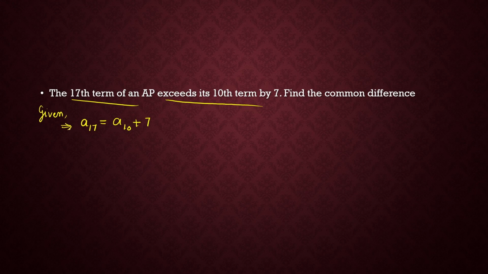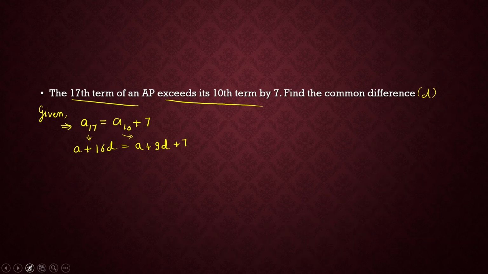So once you get this equation, you can easily solve. So what they've asked in the question, they've asked us to find the common difference D. Right. So now what is A17? Can I write it as A plus 16D? Yes. This can be written. You know how to write this. Now A10, I'll write it as A plus 9D plus 7 as it is.